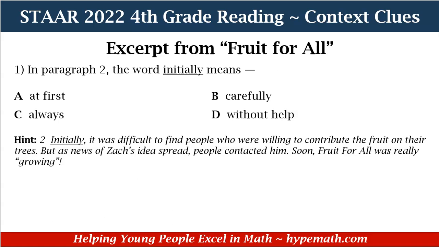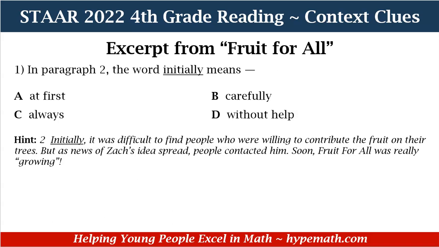Let's look at B. Carefully, it was difficult to find people who were willing to contribute the fruit on their trees. No, that doesn't sound right. Let's look at C. Always, it was difficult to find people who were willing to contribute. No, that doesn't sound right either. And then let's look at D. Without help, it was difficult to find people who were willing to contribute the fruit on their trees.